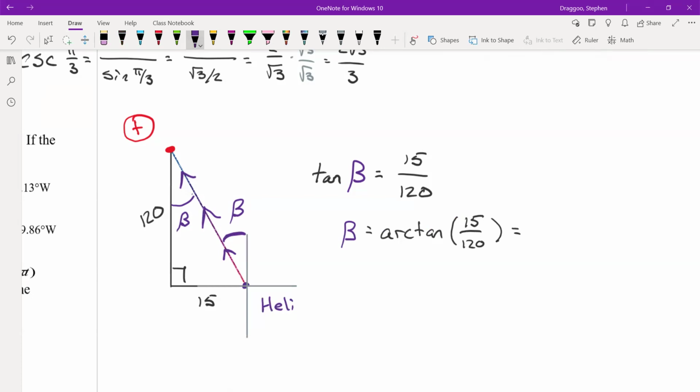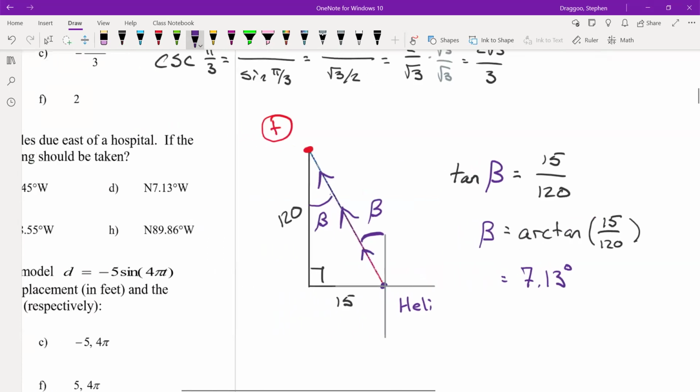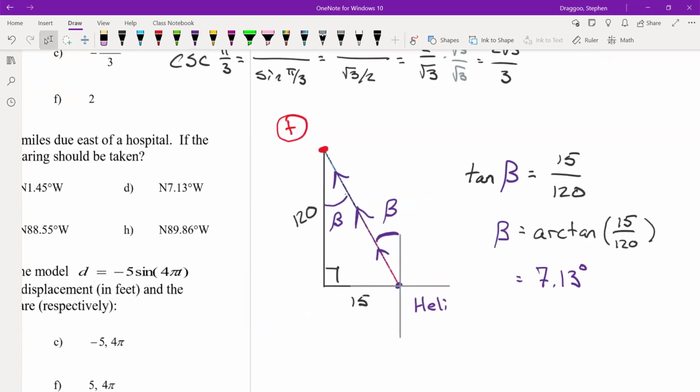But since I was super prepared today, I calculated it ahead of time: 7.13 degrees. That's what I got when I plugged it into my calculator. So I'll search the answer box for a bearing that's got that angle and also goes northwest. And it looks like it's just barely on the edge of the screen. Option D, northwest, 7.13 degrees.